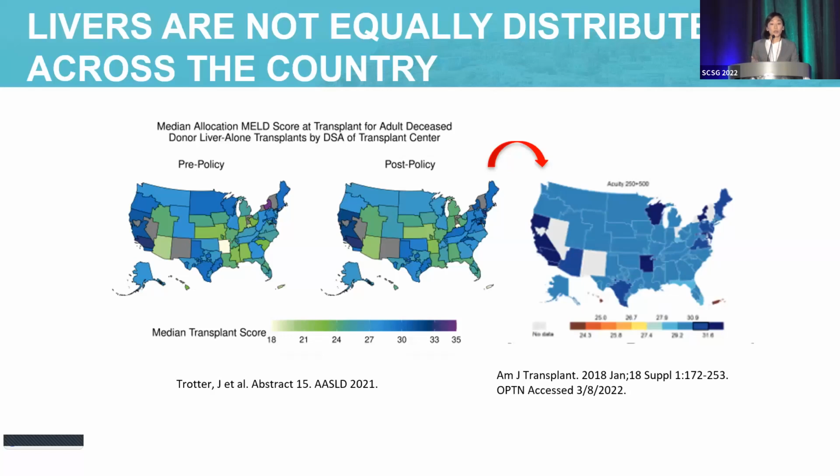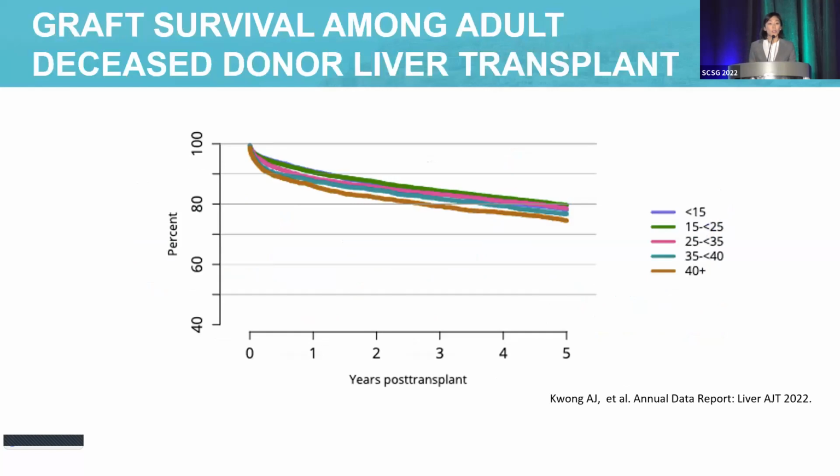After the acuity circle policy change in February of 2020, there's been some improvement in equity as far as distributing of organs, with variations in the median MELD at the time of transplant coming down from 13 to about 11. And our goal would really be that map on the very right, having a lot more equity in that distribution.